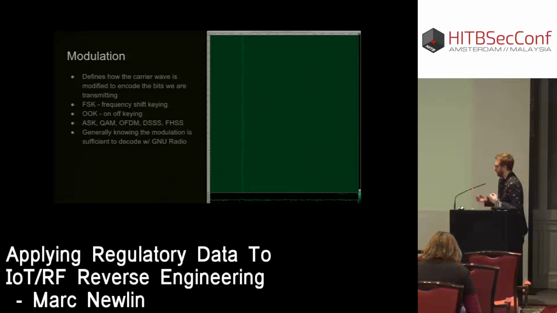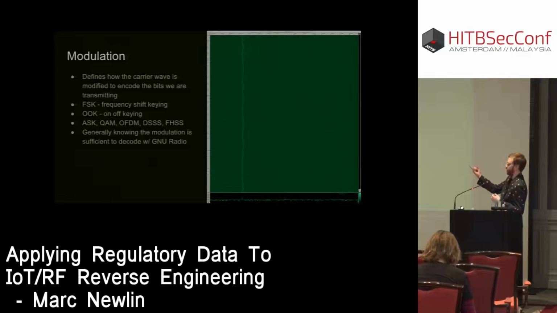Another common low-power modulation scheme is OOK, which is on-off keying. This is also very straightforward. When the transmitter is on, it's a bit 1. Transmitter is off, a bit 0. Also common in these low-power devices because it's low complexity. Then you have some other modulation schemes down there. You have QAM and OFDM, which are used in 802.11, as is DSSS.